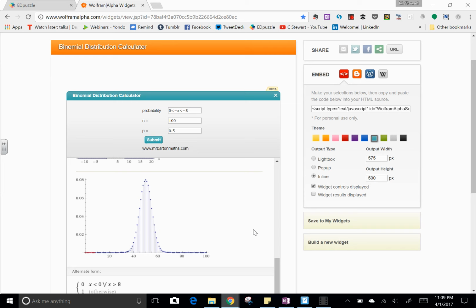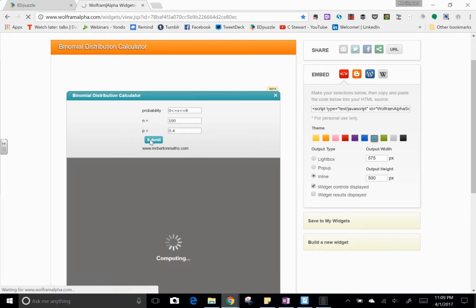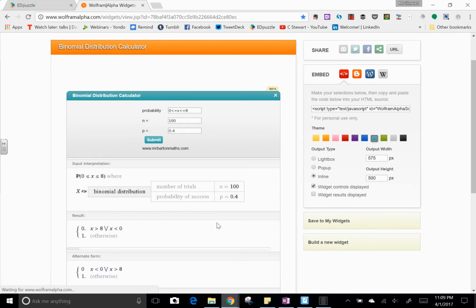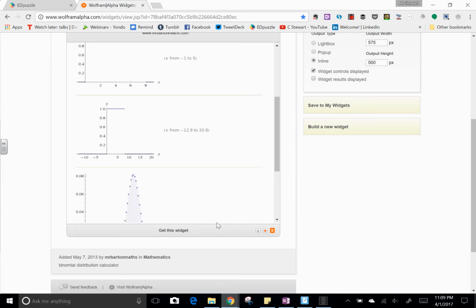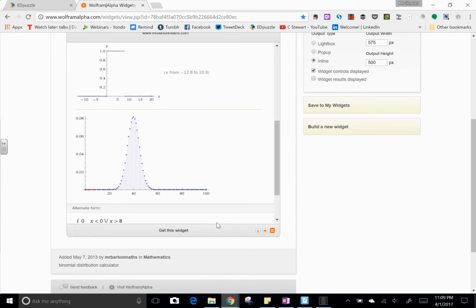And as you saw before, what happens when we reduce that value? So I'm just going to change it ever so slightly. I think I'm going to go with the 0.4, just to show some slight variation in the result. So you can see now the graph looks very much the same, but it has been shifted to the left.